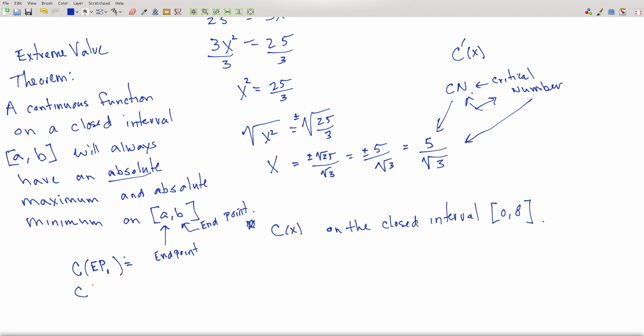Then evaluate the function at the first critical number and see what that is. This is the critical number that's between the endpoints. There's no reason to evaluate a critical number that is not between the endpoints. I hope that makes sense. Evaluate it at the second critical number that's between the endpoints. Okay, see what that comes out to be.